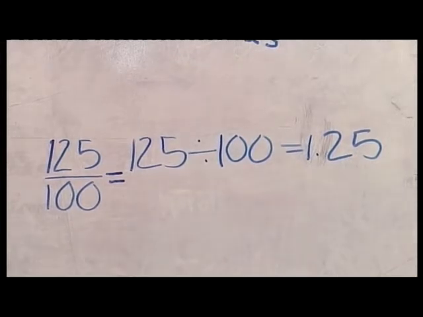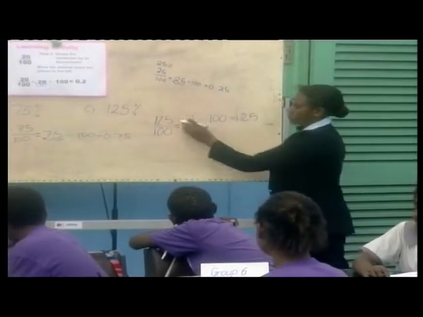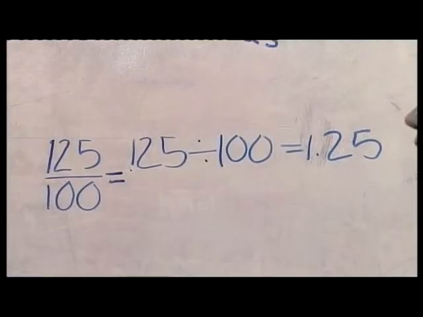For the sake of our other friends, that decimal point now is going to be moved from this number here. Now, where is the decimal point? 125 is a whole number. Joe, where is your decimal point?